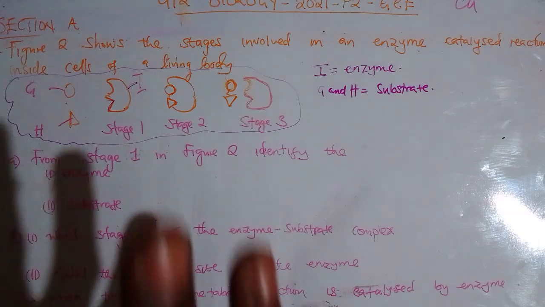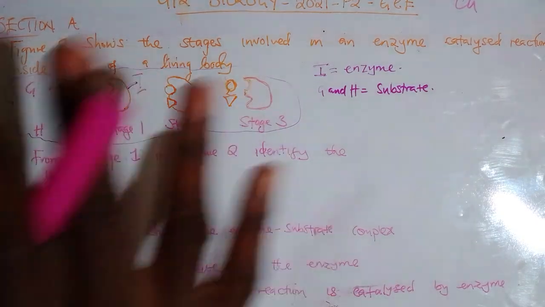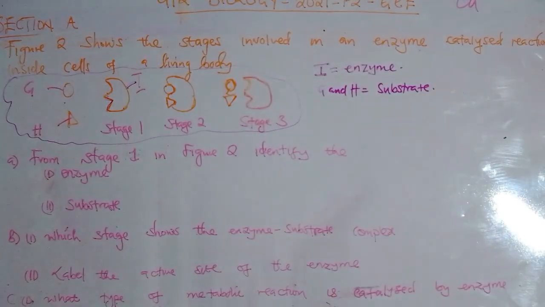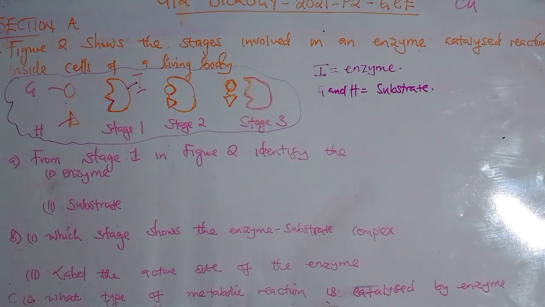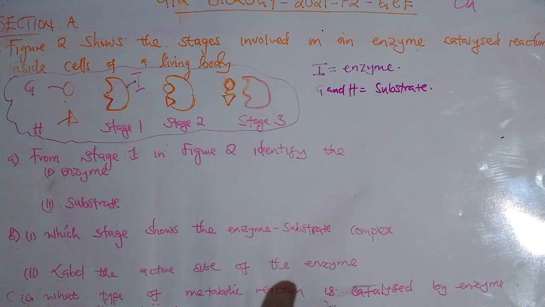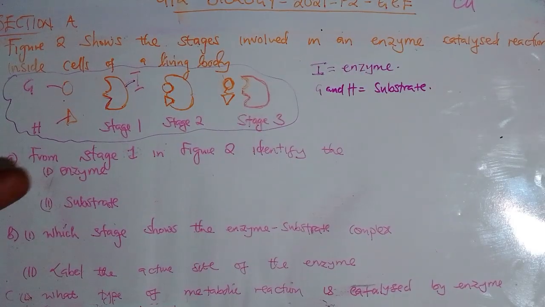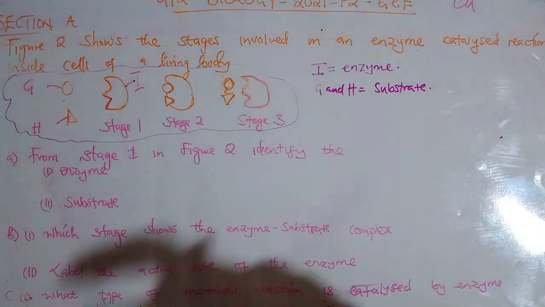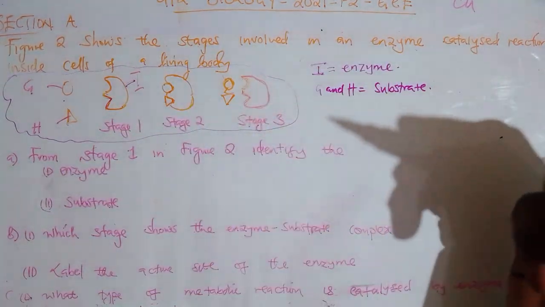Yeah. So now that you have identified all the letters we have been given, let's go and try to solve the questions now. So the first question is saying, from stage 1 in figure 2, identify 1, the enzyme, 2, the substrate. So we said we identify the enzyme because it has what?